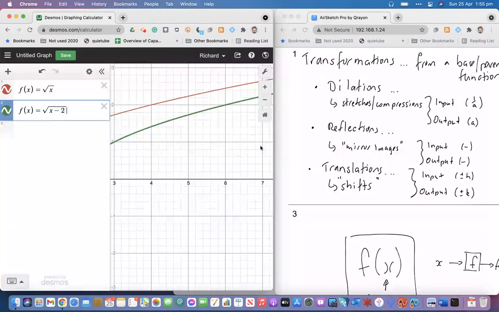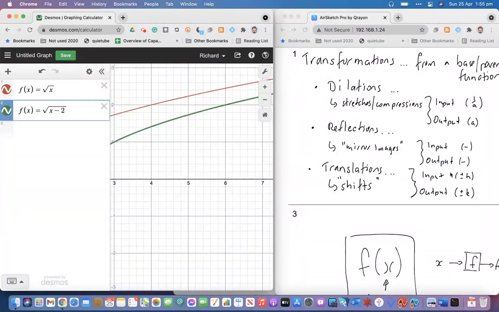Okay, so as you can see, the best way to look at transformations is to consider whether they affect the input or the output, whether it's a dilation, reflection, or translation. And then you have to consider whether they're going to have a positive effect or a negative effect in a way. And thirdly, whenever it comes to the input values, often what happens to the graph is counterintuitive to what you may think.